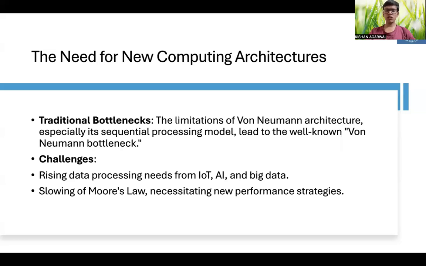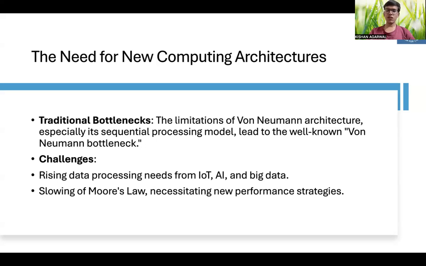The sequential processing model requires a large amount of time to process, and we require it to be reduced, because with new technologies such as IoT and AI, the amount of data to be processed is going to increase exponentially day by day. To overcome this, we are going to implement this domain-oriented architecture.